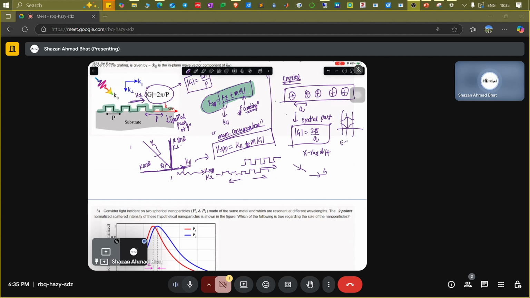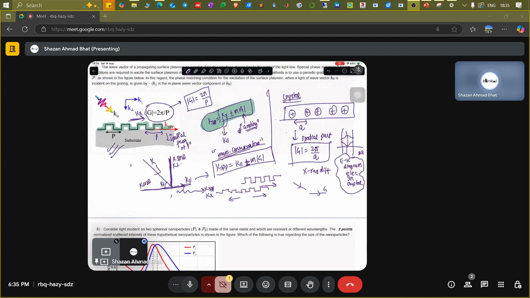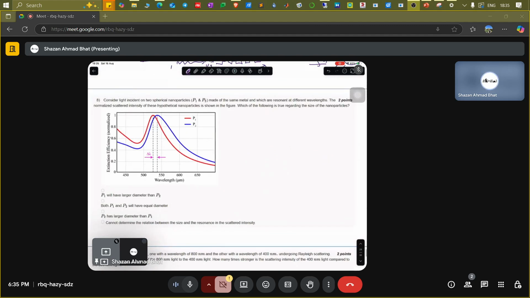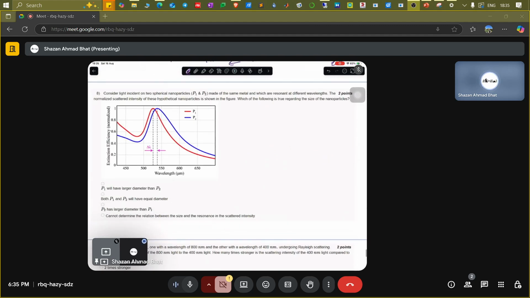That's what you talk about in the E-k diagram for the electrons in the crystal. That is the same phenomenon. So you can correlate all of these phenomena. This is happening with light, and this is happening for the electrons. As simple as that.